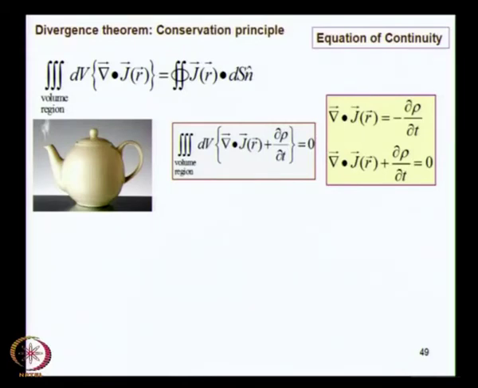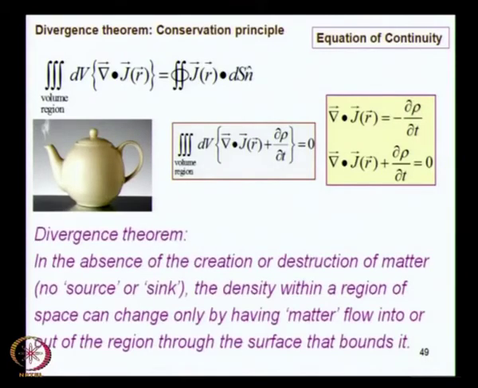You have got the equation of continuity. What it tells us is that if there is no creation or destruction of matter, in the absence of any source or a sink, the density within a region of space can change only by having matter flow into the region or out of it, and it can do so only across the surface.